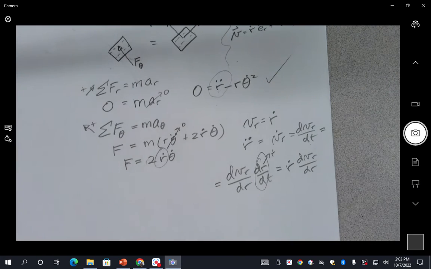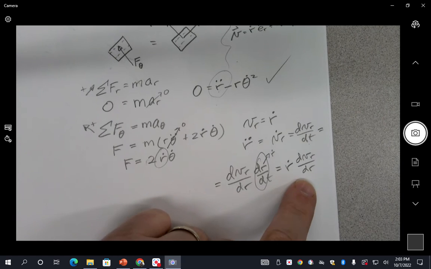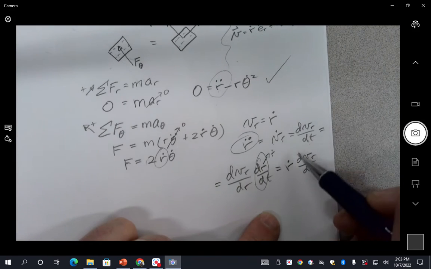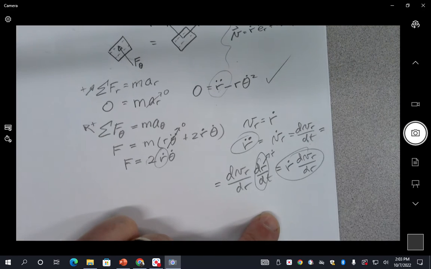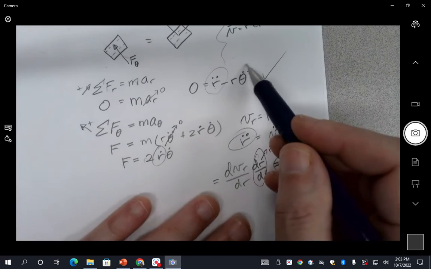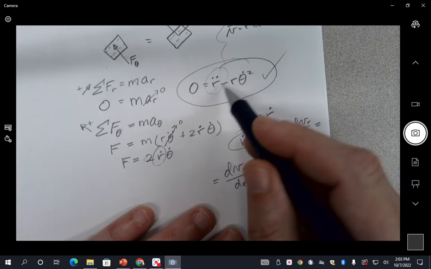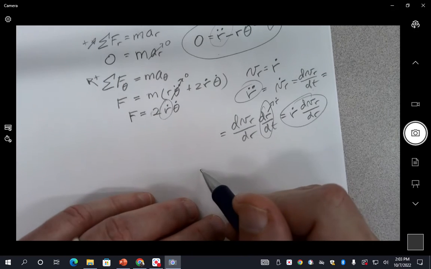And by the way, that should be a little bit reminiscent. Yeah, this is a little bit reminiscent right here. So we said that r dot can be turned into that right there, and therefore the thing we used up above, we could substitute in.